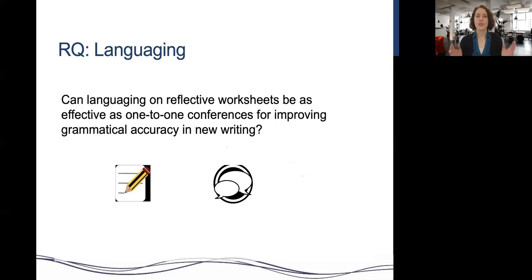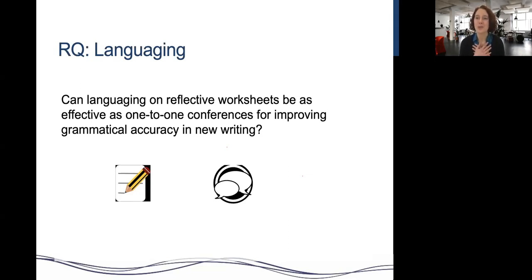All right, so then for this study, I compared languaging on reflective worksheets to languaging in conferences. The reason for that, again, goes back to that ecological validity. The truth is that teachers might not always have that time available to say, yes, I'll give one-to-one conferences to all of my students.